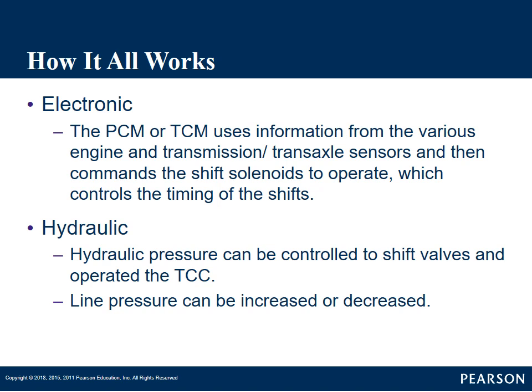They're monitoring the engine load with the sensors from the engine. They monitor vehicle speed with our output speed sensor or our vehicle speed sensor. Then they're comparing those to determine when to shift the transmission. If you remember, in our hydraulic transmission, governor pressure had to overcome throttle pressure as we're upshifting.